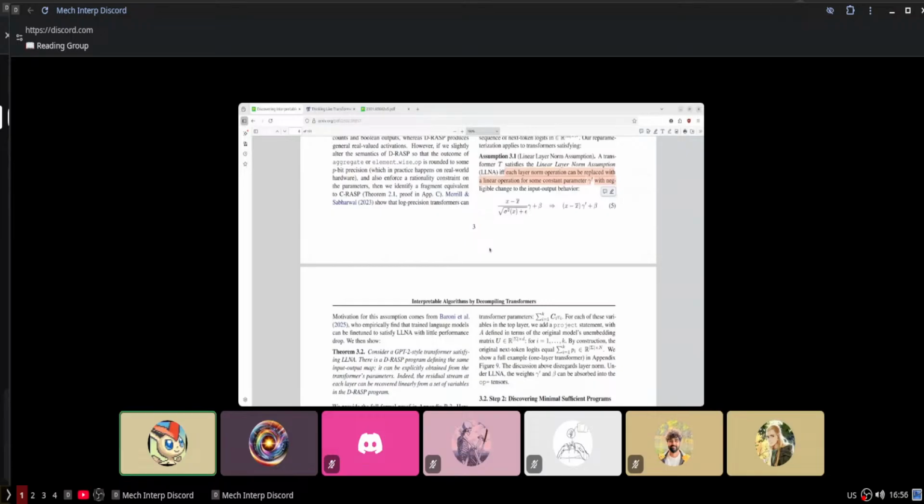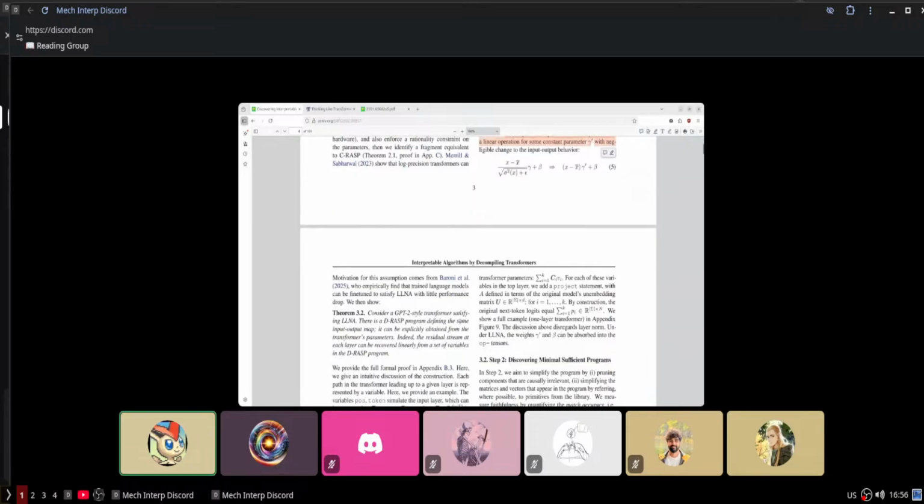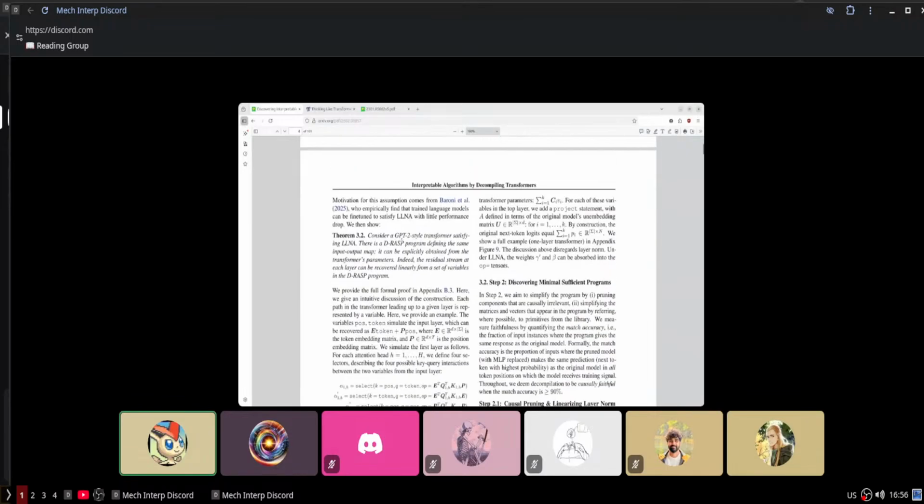Normally the layer norm is not linear, right? But they are doing a weird thing where they fine tune transformers, because there's some other paper that shows you can fine tune them to make the layer norm equivalent to linear, and that works apparently. That seems really weird to me, but okay.